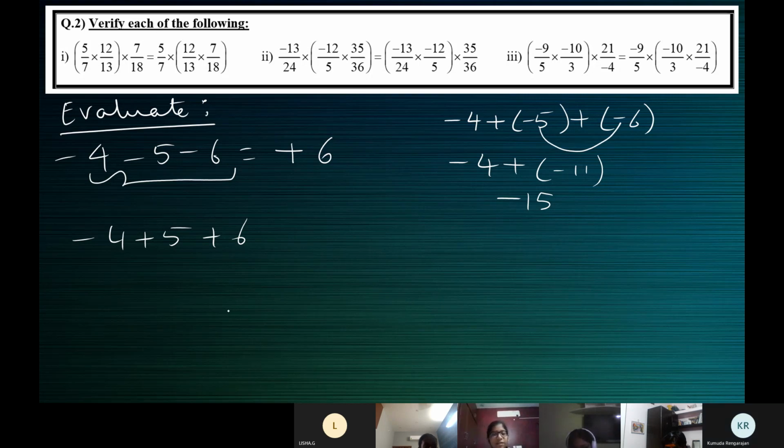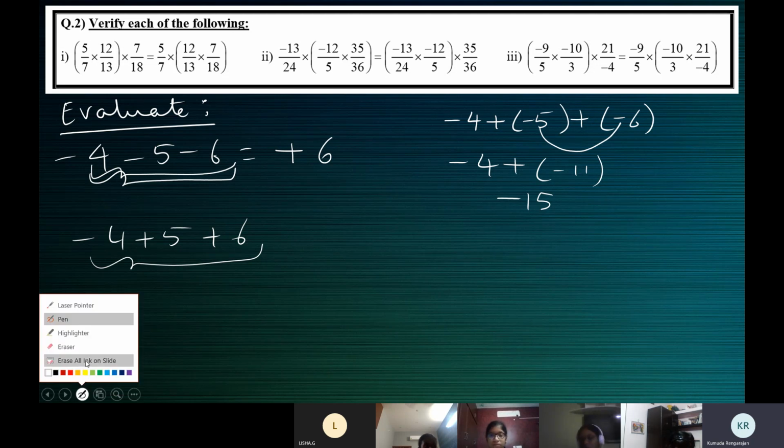Ma'am, no, ma'am. I just changed minus 5 and minus 6 into their additive inverse, ma'am. No, you're changing it. These two expressions are not the same. The expression given and the expression you have changed it to, they're not the same.